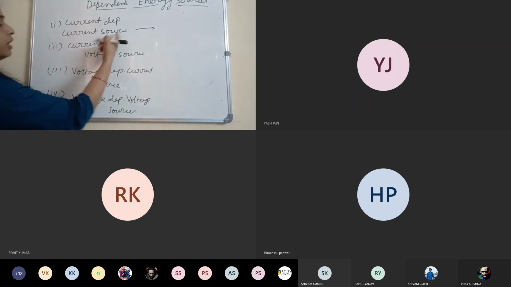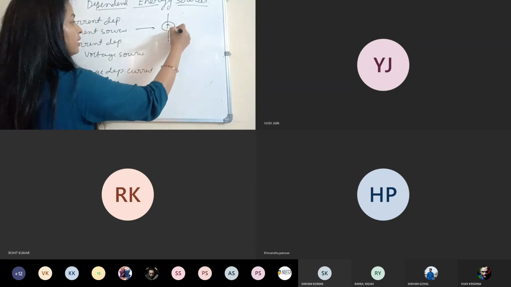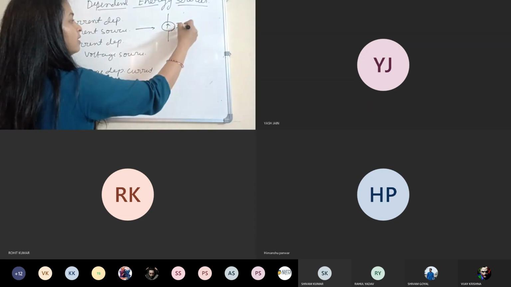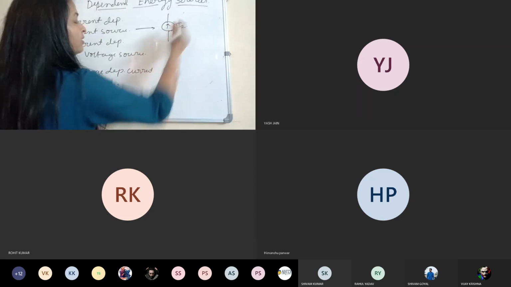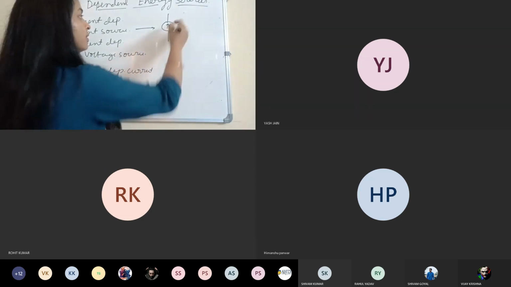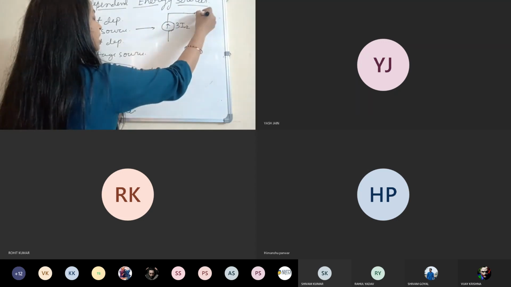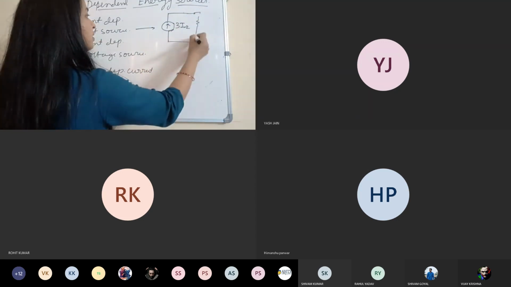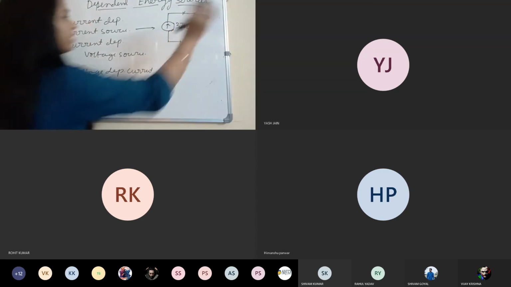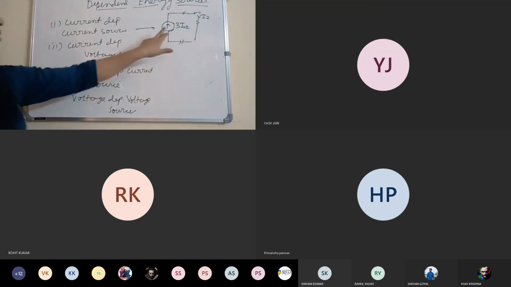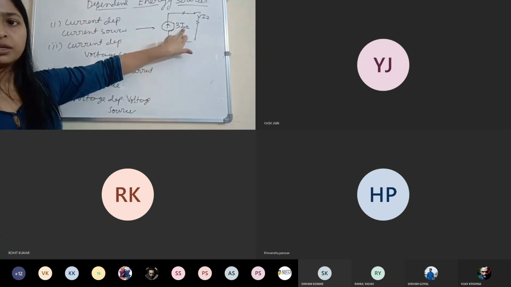Current dependent current source. So I can write any current source. Let's take I2. So I can write 3I2, let's say. And I2 is some other part's current. I'm just taking an example. Don't get stuck. The type of source is current. Dependency parameter is also current.